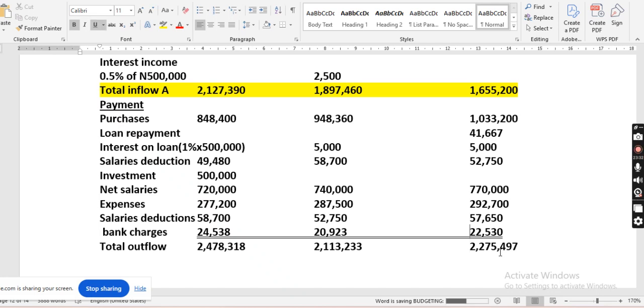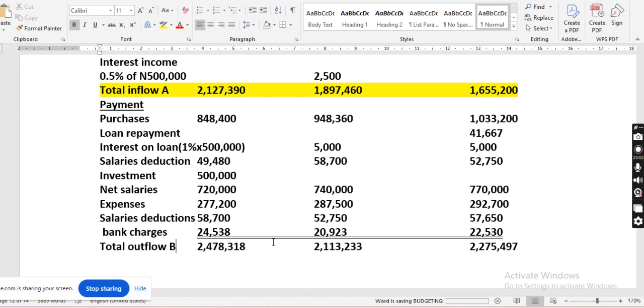Now, can you see the simple format I gave? This is your total outflow, and you can just use E to represent it. Then, the difference between your inflow and your outflow, you need to check. Do you have a deficit or a surplus?